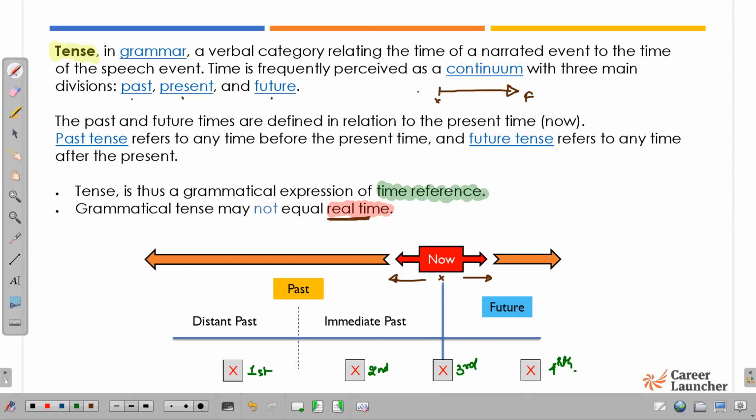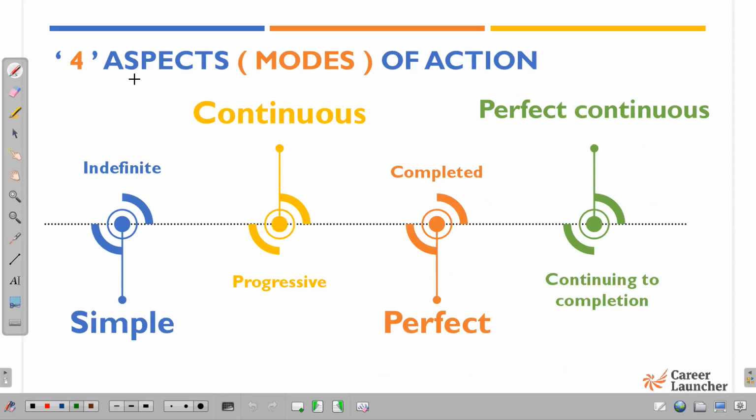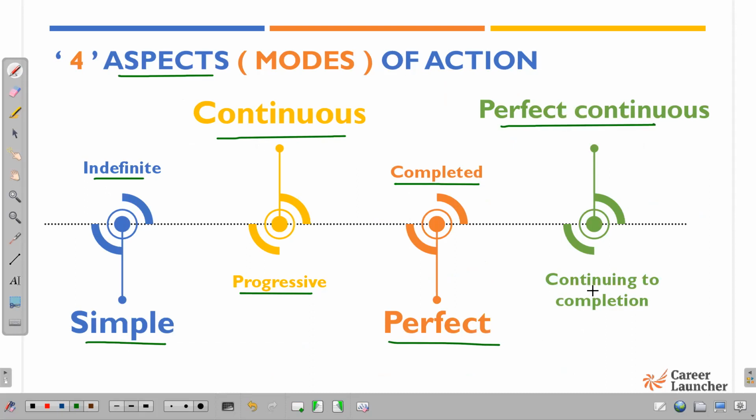Now, apart from the time frame, there are other things that I call aspects or modes of the action, which tell us the manner or mode of the action that is happening. So we get the 4 aspects of the action: simple, also known as indefinite; continuous, also known as progressive; perfect, which denotes a completed action; and perfect continuous, the 4th aspect, which is continuing to completion.